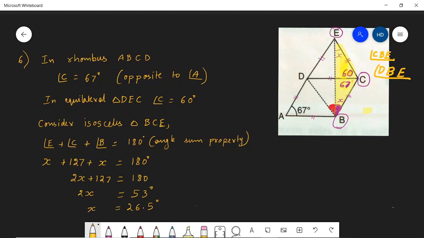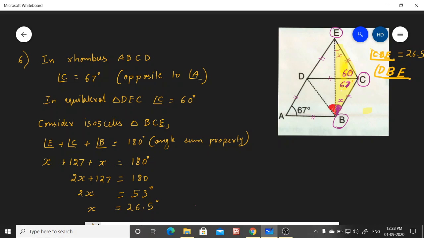So now I have found the first part, angle CBE equals 26.5. This is done.